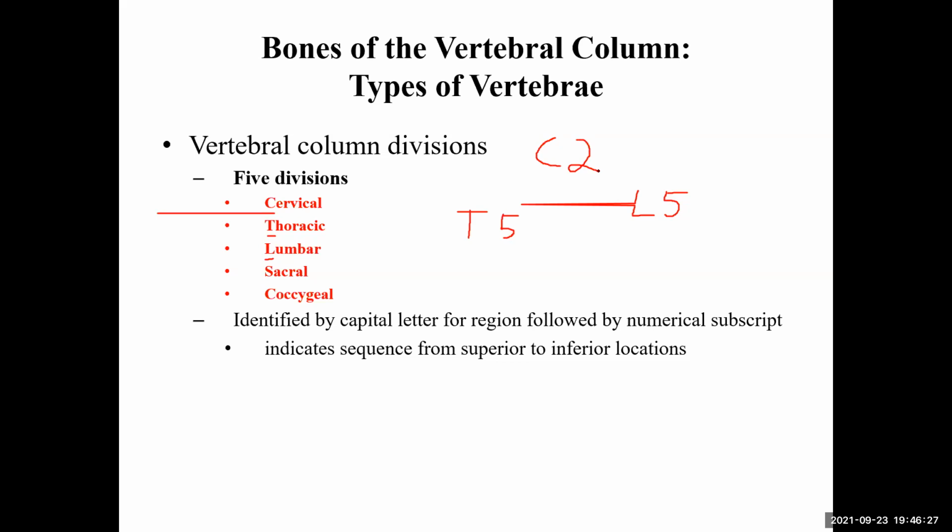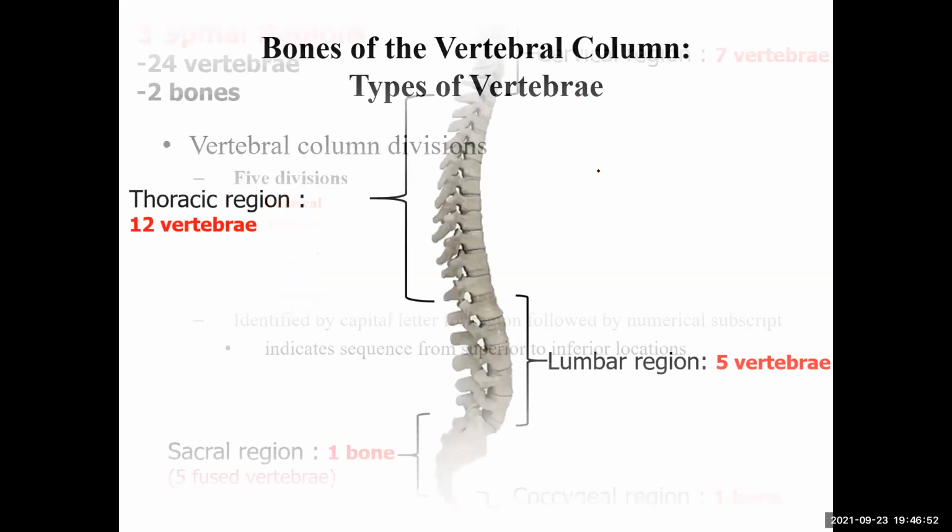So if I want to talk about the very first vertebra in your spine, the one that articulates with your skull, I would call that one C1. Then the last vertebrae in your neck, there's 7 cervical vertebrae, I would say C7. Okay, so as you move down the spine, the numbers will increase until you move to the next division, then you start over again.